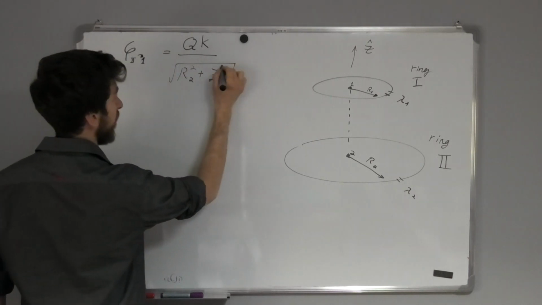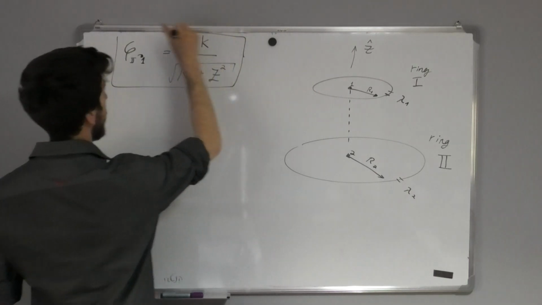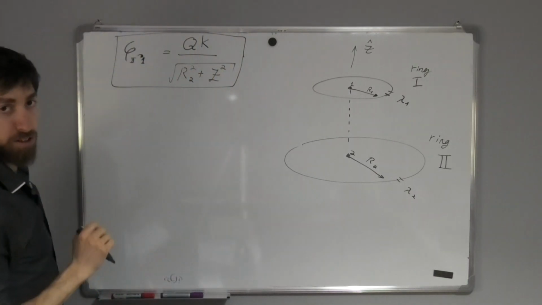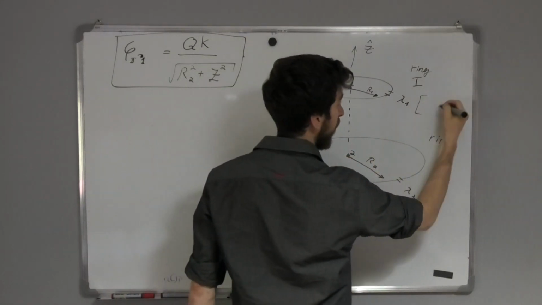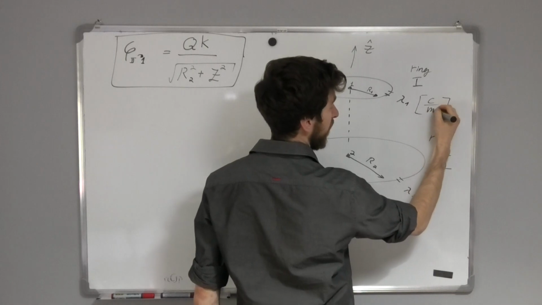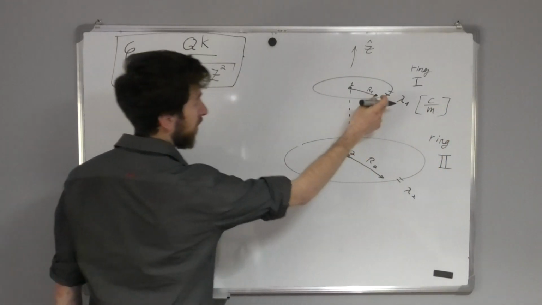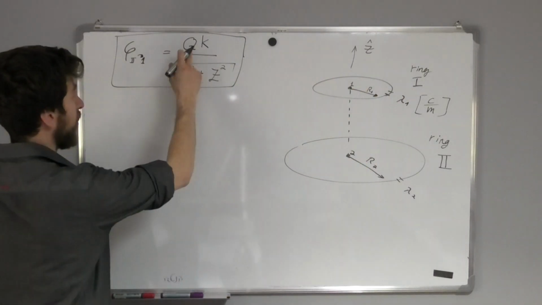Perfect. In our case, Q is not given, but we have the charge density. And what are the units of charge density? Coulomb per meter. So if you multiply this by the length of this circle, we're gonna get Q.